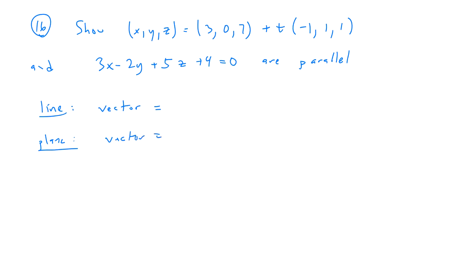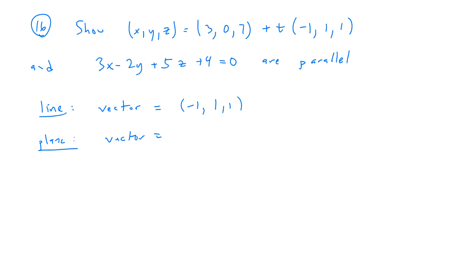And what are the two vectors that go with each? So the vector that goes with the line is -1, 1, 1. And the other is, I should probably put the bracket so it's a vector, but it says it is.